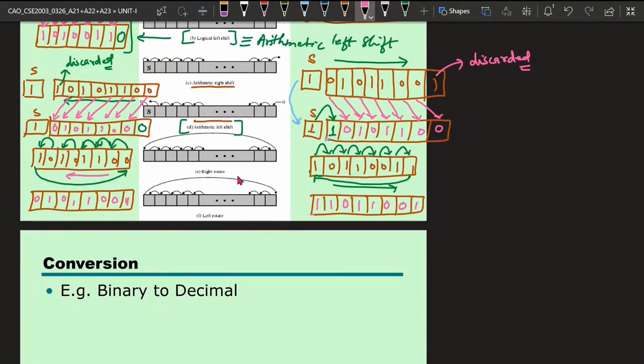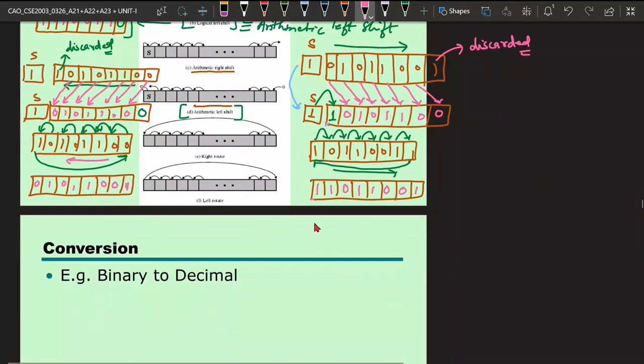Okay, sometimes we will be using rotate with carry. Some of the instructions are going to use rotate with carry. With the carry, instead of rotating here, we will be having another bit. Suppose with the carry we want to rotate.